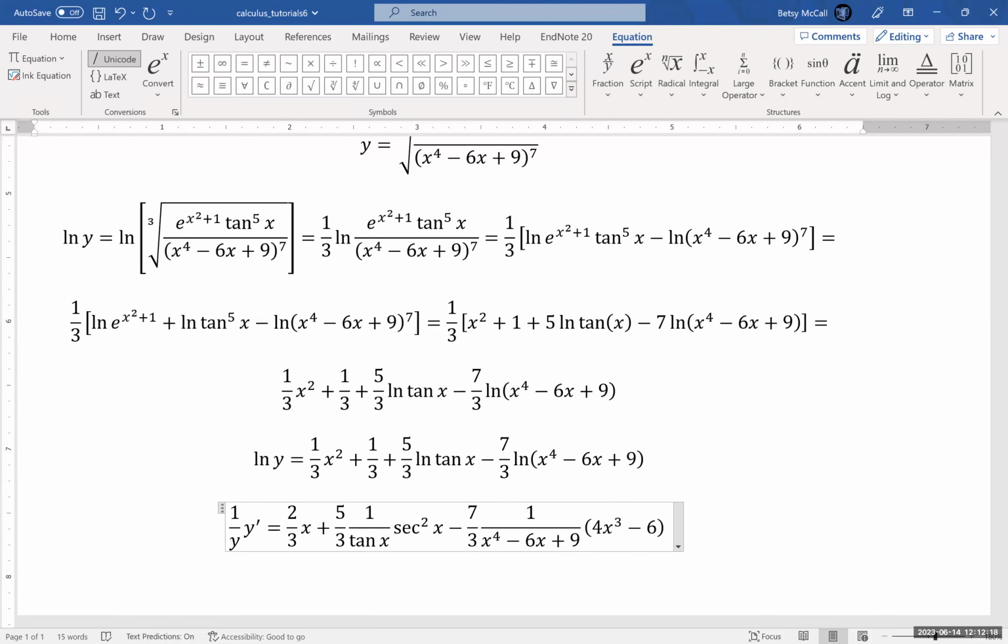And then really all you can do from this point is just a little bit of simplifying.